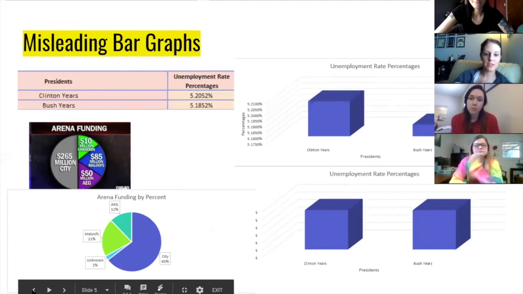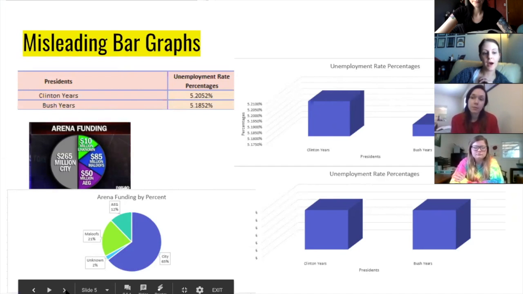So as you can see in the unemployment rate percentages between the presidents for Clinton and Bush, on the top graph, it shows a huge difference when really the numbers are only for Clinton 5.2% unemployment rate, and Bush has 5.18%, which is not a big difference. So by zeroing out that y-axis, as illustrated on the graph at the bottom, you're actually showing your correct data, which is not a huge difference between the two.